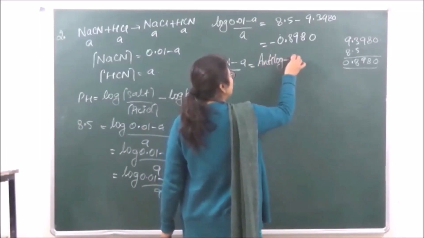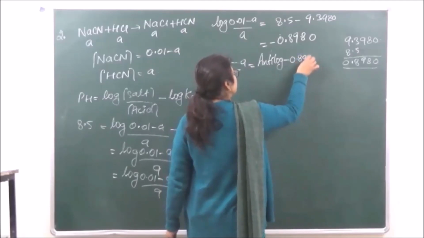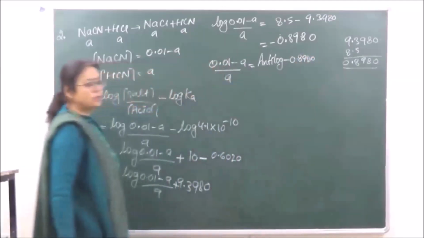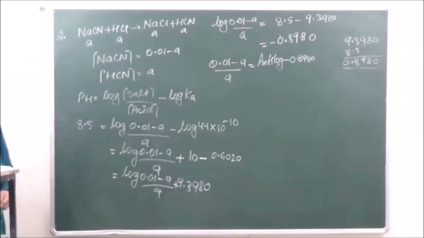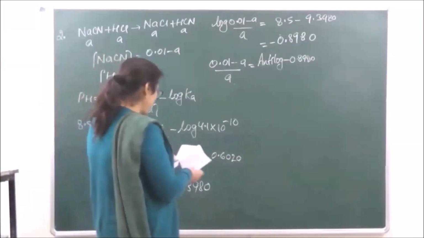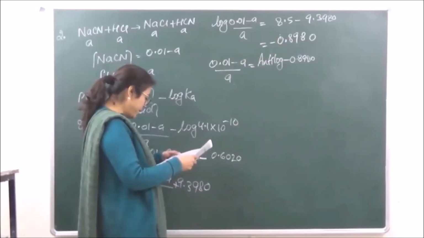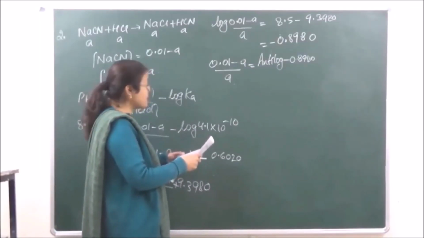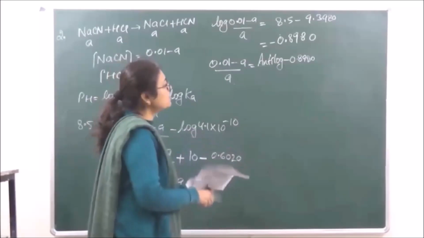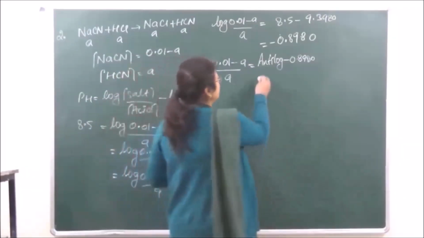Okay? Now in order to calculate A, 0.01 minus A upon A is going to be the antilog of minus 0.8980. Can I have the log tables? The antilog of 0.89 has to be calculated over here. The antilog of 0.89 is 7762. So there is a minus over here. How do we do it?